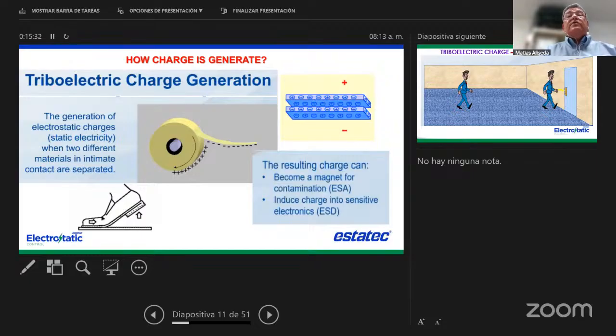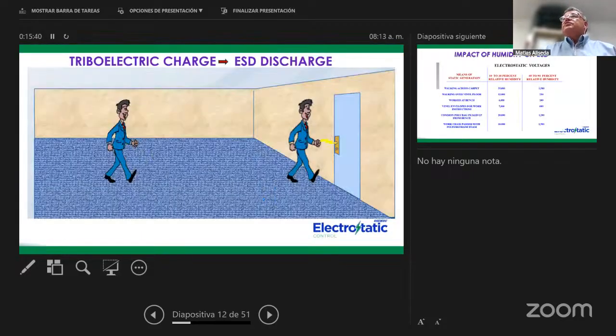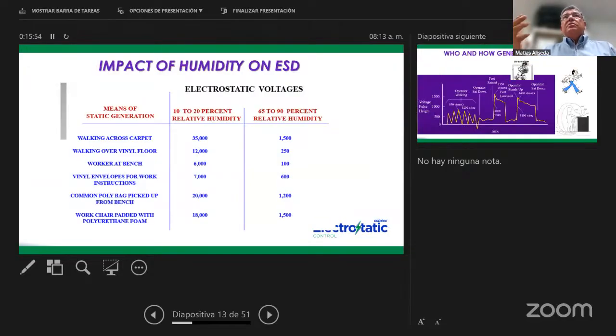The triboelectric effect is very important to take care of, how and where you are doing that. When you are walking and touch something grounded, like metal, you feel the discharge, the spark, which for people sometimes doesn't mean anything.